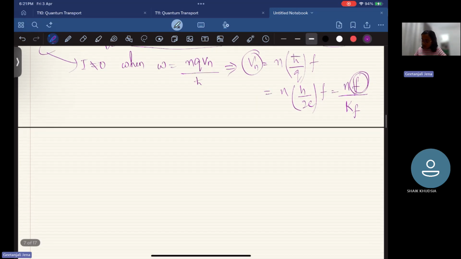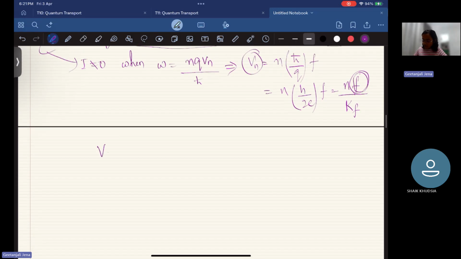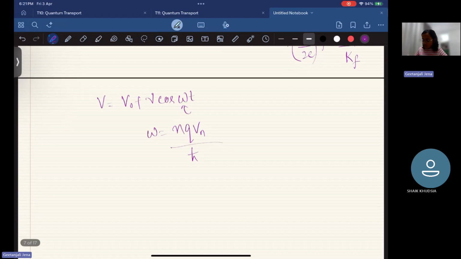So we have a voltage V0 plus V1 cos omega t. Omega can be anything, but we have seen that if omega is n q Vn by h bar, then it's possible to see a non-zero current across the junction.